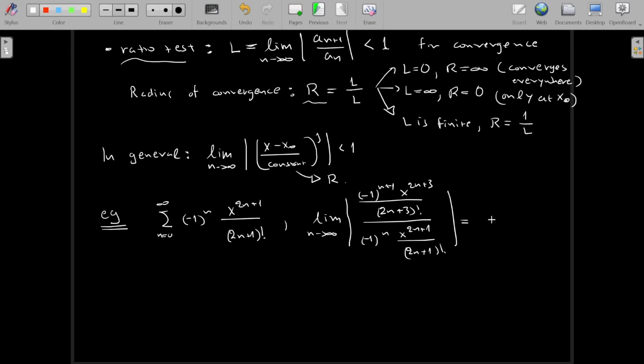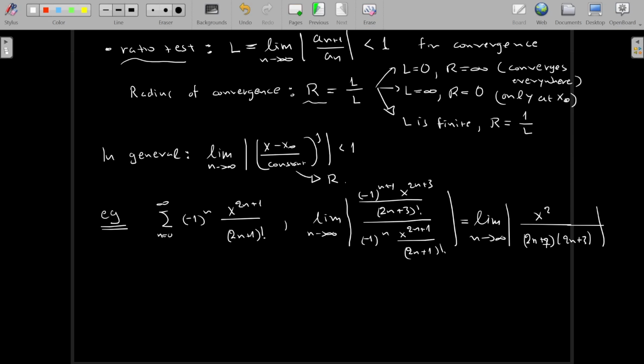And this is nothing more than the limit when n goes to infinity. We'll have minus 1 here, but this is an absolute value, so I'm not going to even write it. So x squared in the numerator, because there's 3 and 1, and in the denominator we're going to have 2n plus 2 and 2n plus 3.